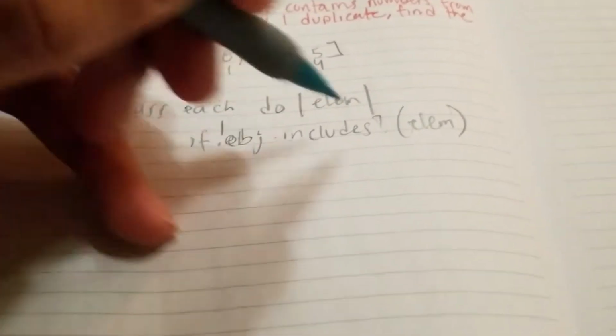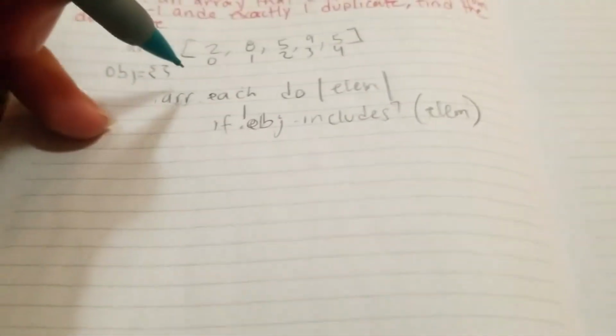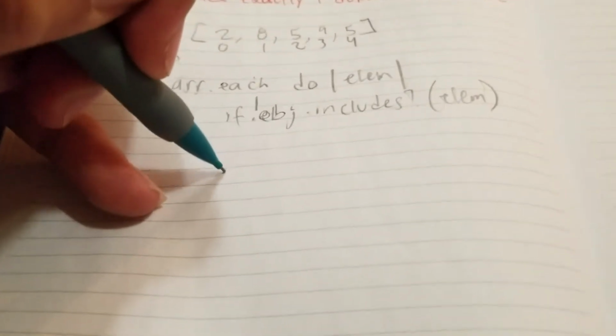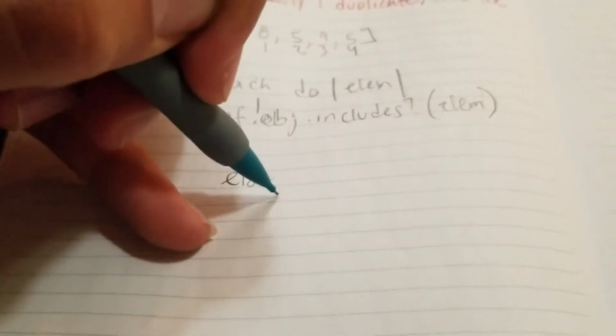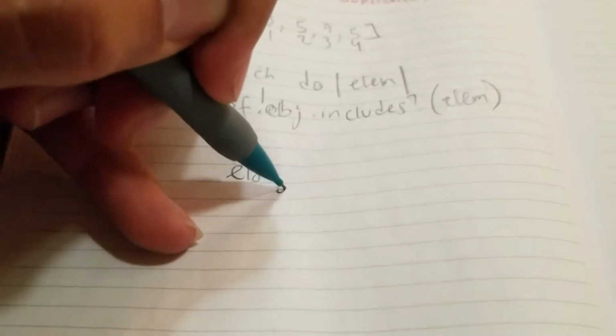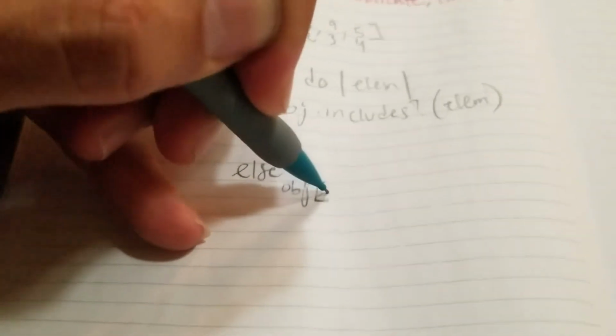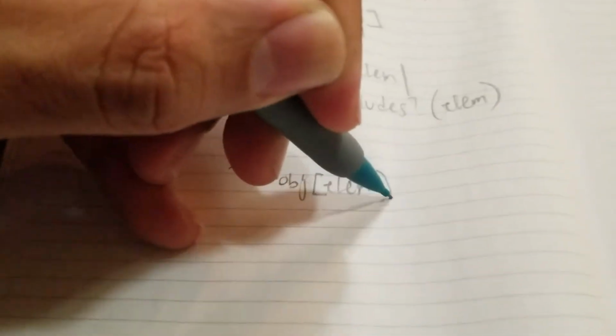So this way, if it doesn't include, we're going to add it in there, else we're just going to increase the count of object element plus equals 1.